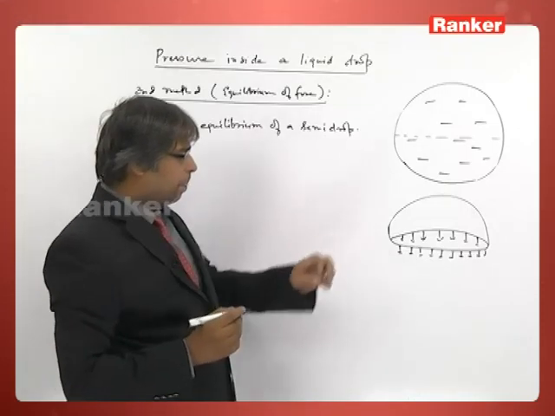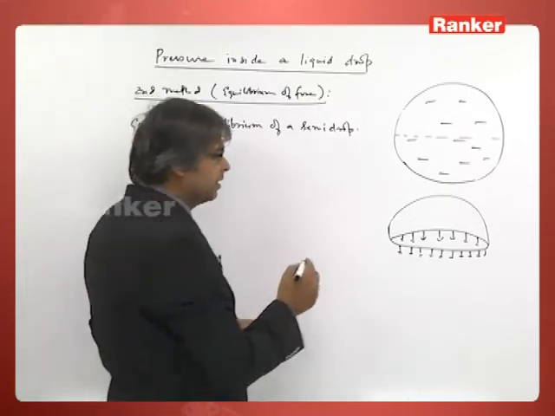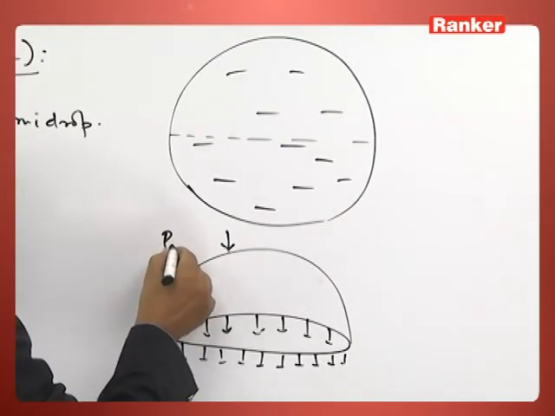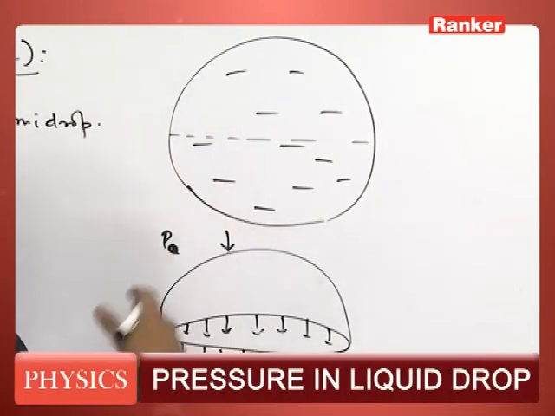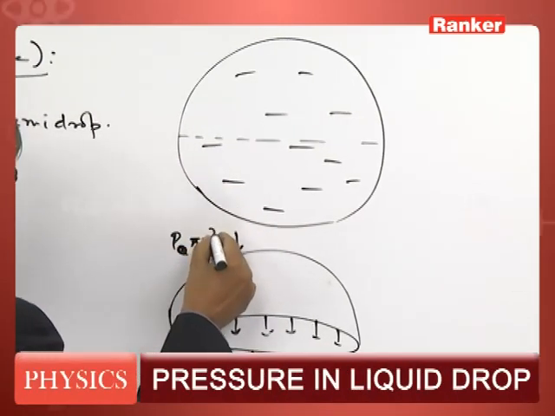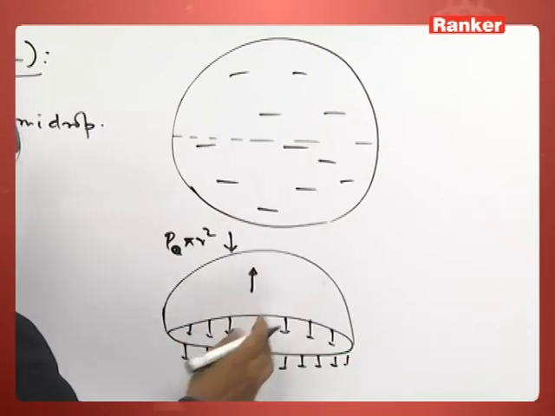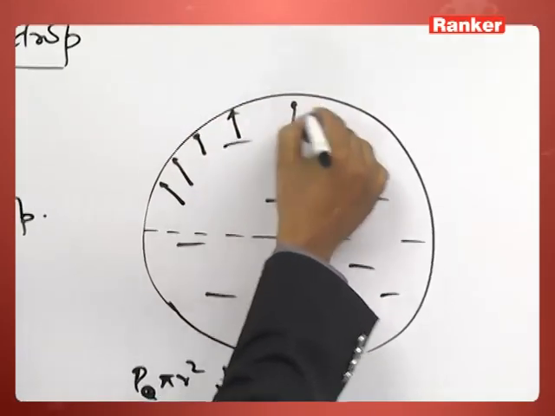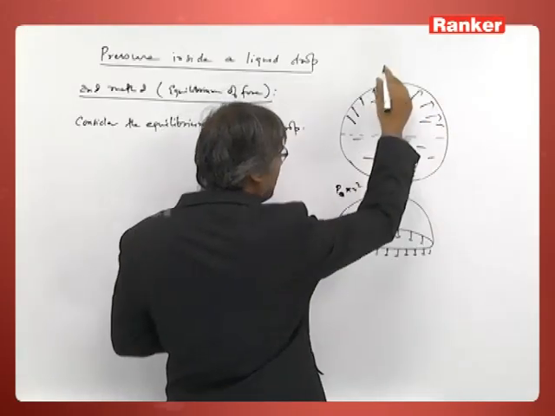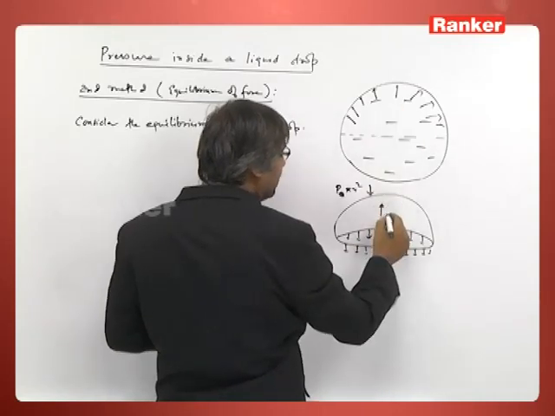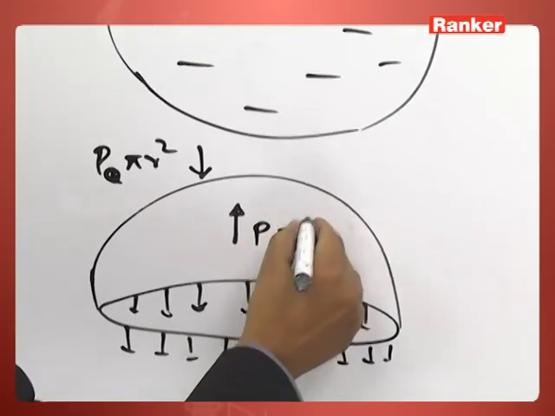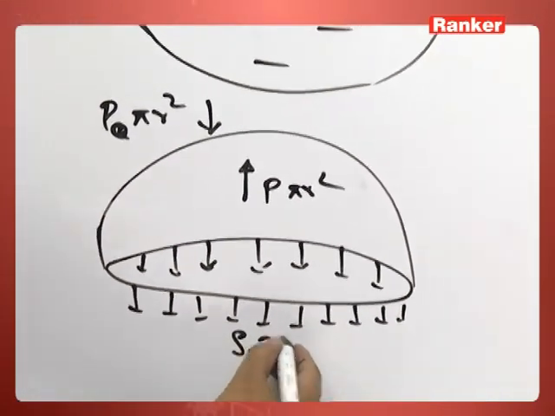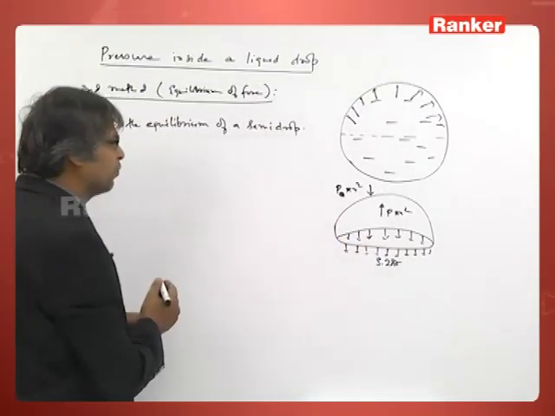Now, there are some external forces. The external atmospheric pressure is P naught, and so the total force is P naught times the cross section, pi r square. From inside, the liquid also exerts a pressure force from all directions, and the resultant outward is P inside times pi r square, and the total length is 2 pi r, so 2 pi r into S is the surface tension force.